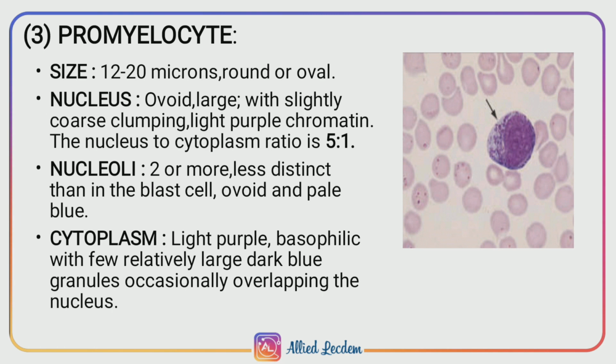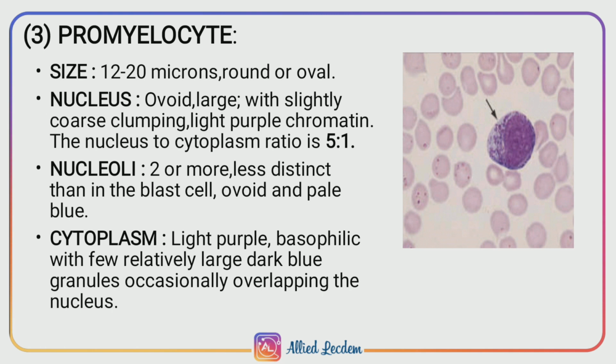Here, the nucleoli are 2 or more and less distinct, that is, not as well defined as in the blast cell, that is the immature cell, and they are ovoid and stain pale blue. Cytoplasm appears light purple and basophilic, with few relatively large dark blue granules starting to develop at this stage, overlapping the nucleus.